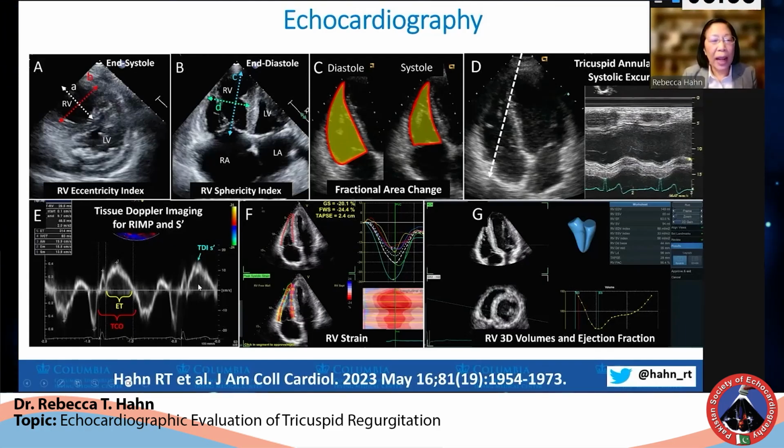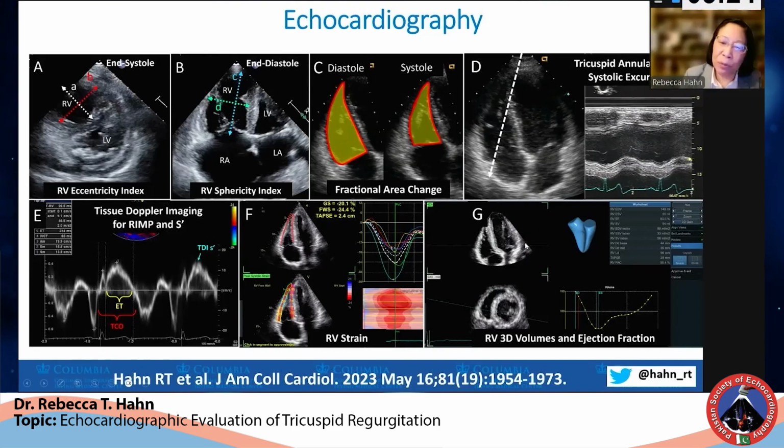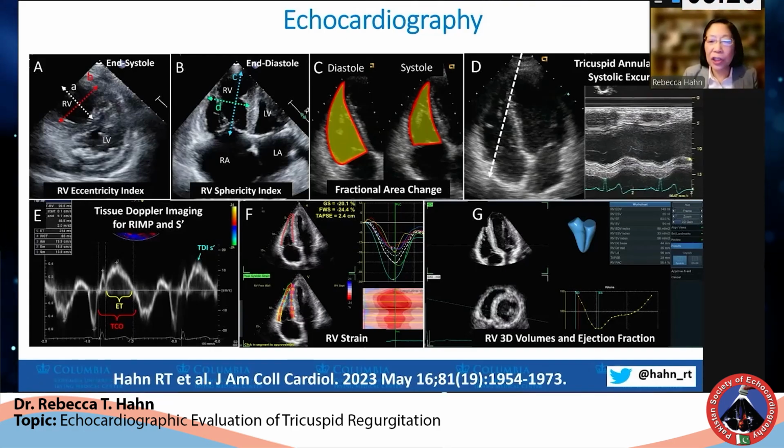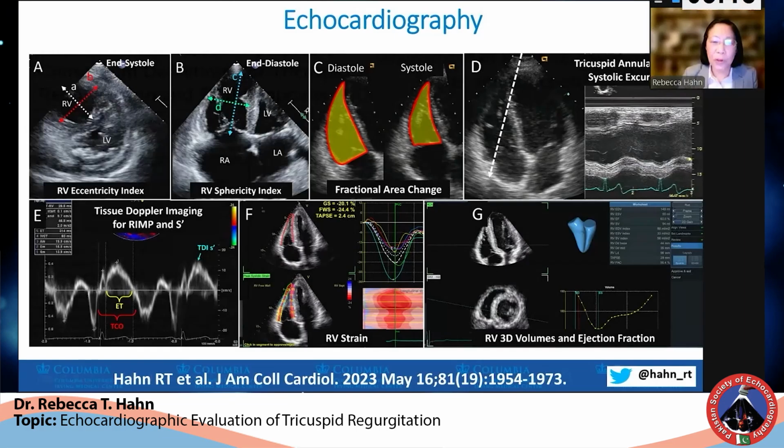We also have a systolic TDI and longitudinal strain, those also measuring longitudinal shortening of the RV, typically the free wall. But what we're using more and more is three-dimensional volumes to characterize the ejection fraction of the right heart.